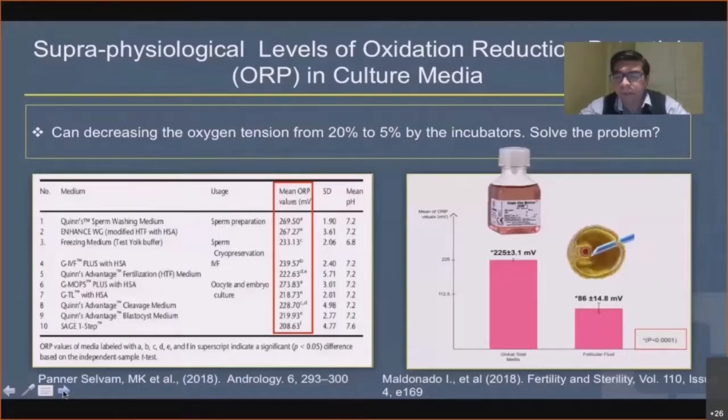It is important to mention that with this novel method developed by the group of Dr. Agarwal, the supraphysiological levels of oxidative stress present in the media can not only be scavenged by the addition of antioxidants, but the most important part is that it is possible to adjust them to a physiological status compared to other methodologies that have been reported in the literature.